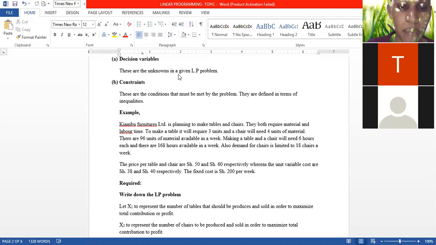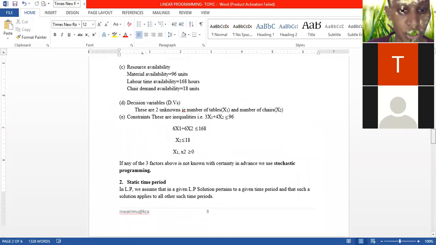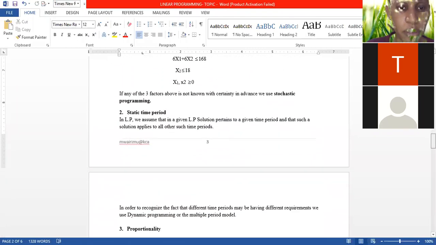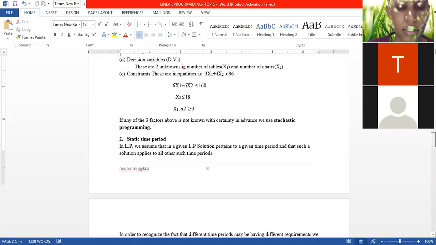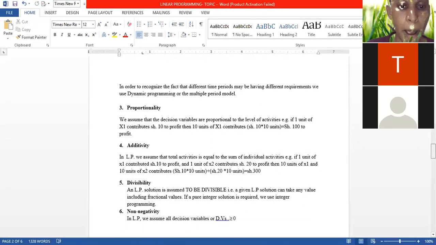But because we are aiming at minimizing, the constraints are normally defined in the form of inequalities, taking the shape of the greater than or equals to sign. So far, I've not given you an example on a cost minimization as an LP problem. I'll do that. I've started with the cases of the maximization problems.